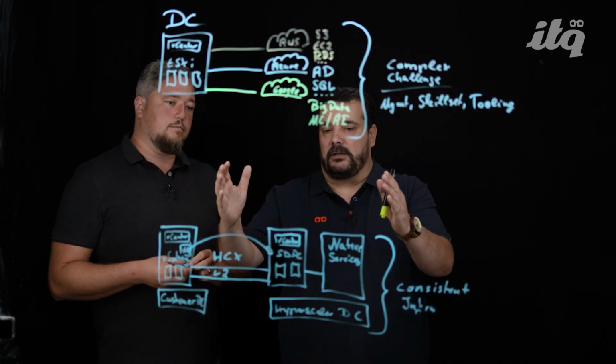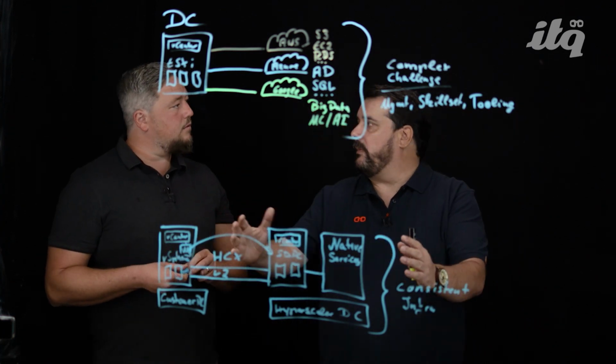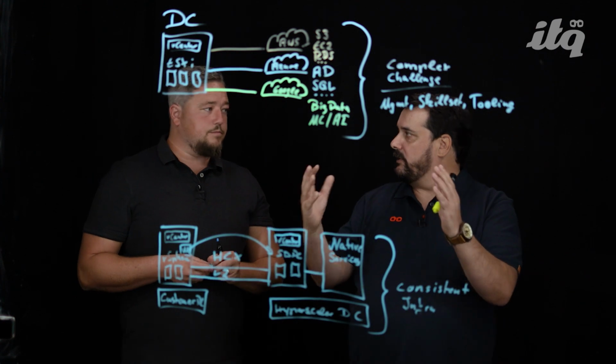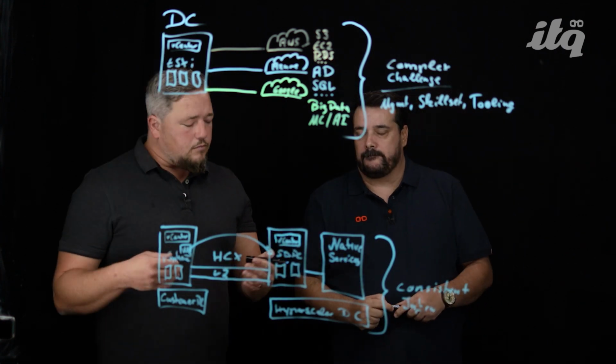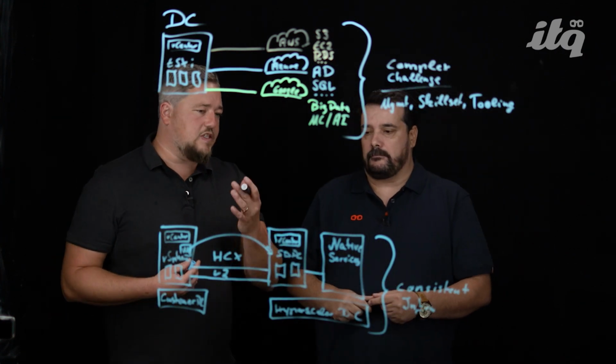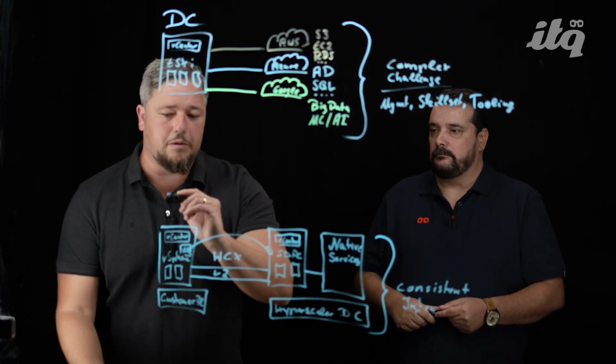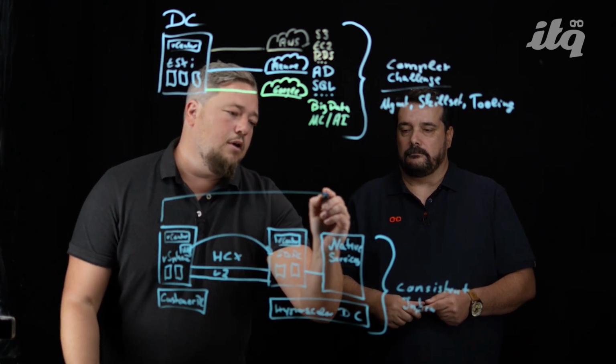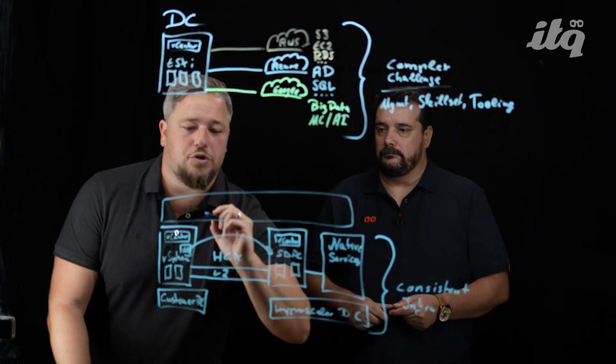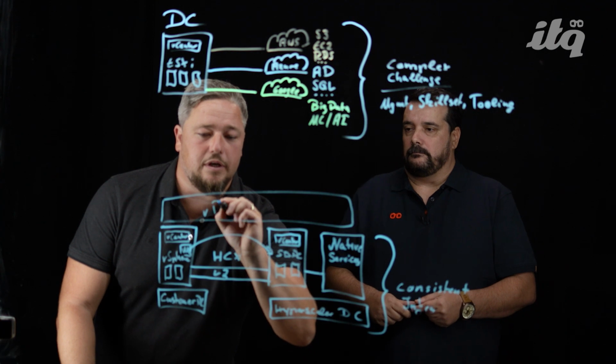But as a customer, we're looking at this, how can we manage all this infrastructure in one place? Yeah, as said, through the stack we have consistent infra, we have consistent operations. And how we do this is by leveraging our vRealize approach.